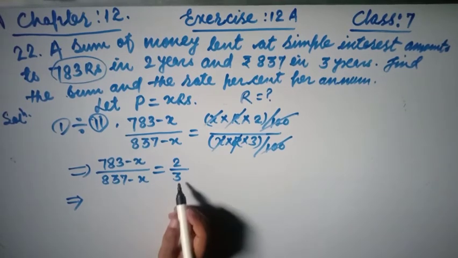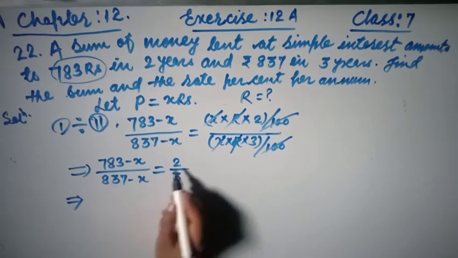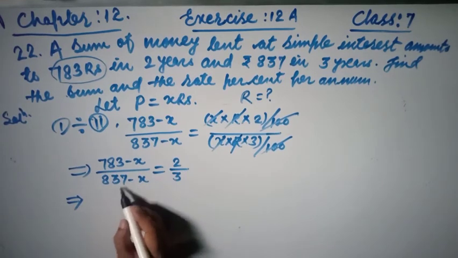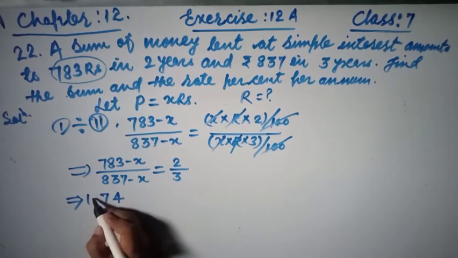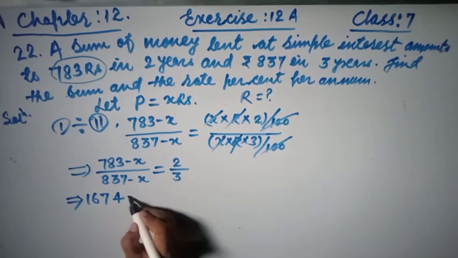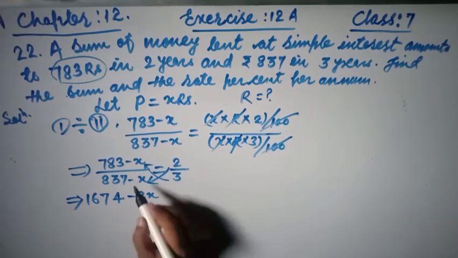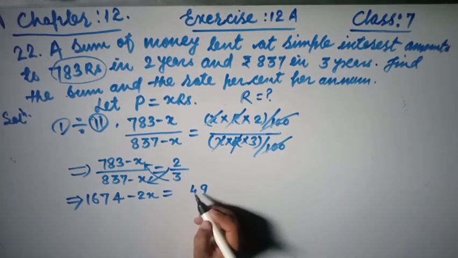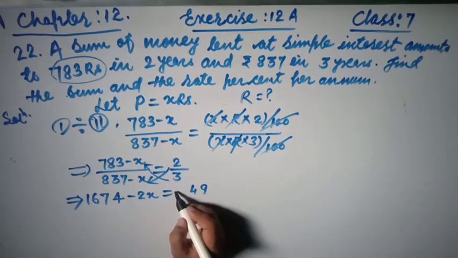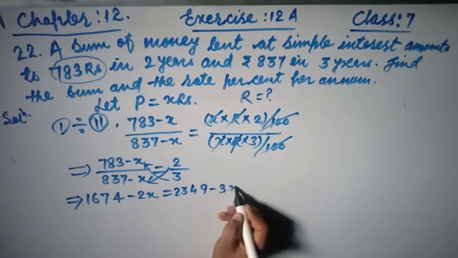So this cross multiplication is this multiplied by 2, 2 times 7 is 14, minus 2x. This multiply this and this multiply that. So 3 times this, 3 times 3 is 9, and minus 3x.